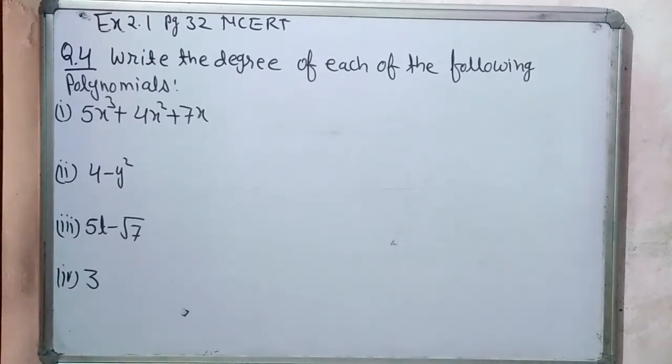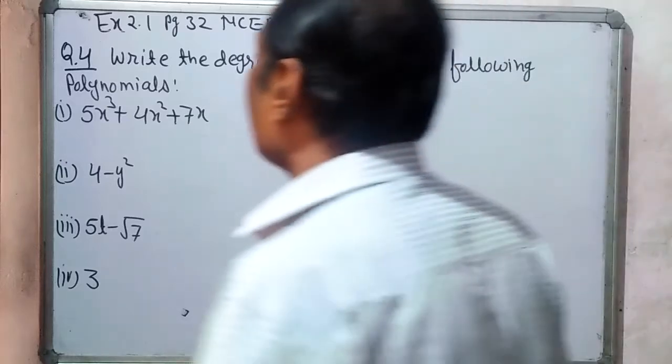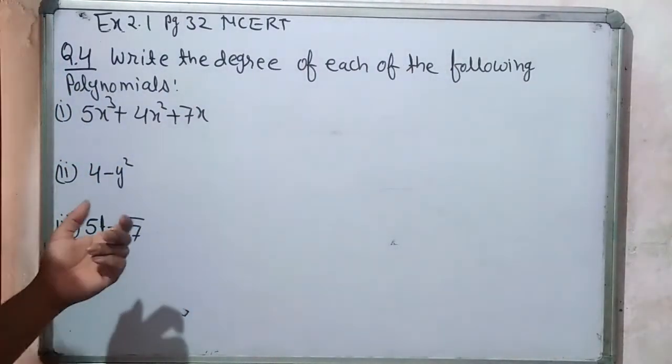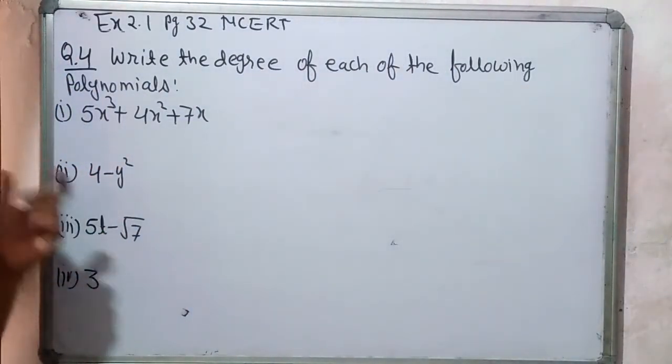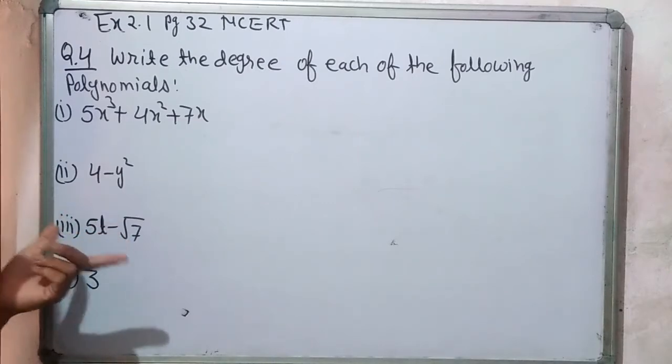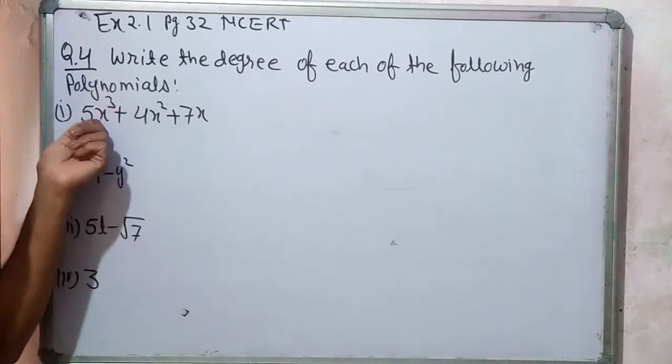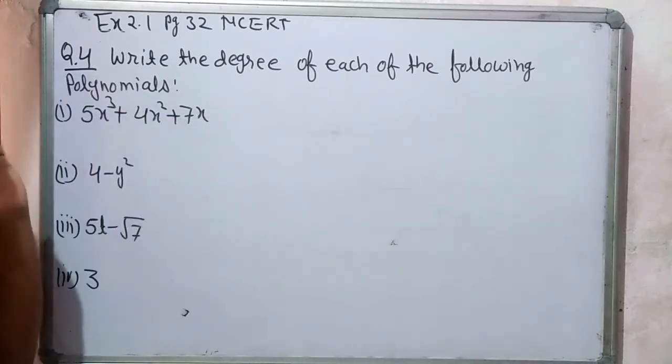Next, students, question number 4 is: write the degree of each of the following polynomials. In all these 4 parts, we are given a polynomial and we have to simply write the degree. How do we write the degree? We see all the terms. How many terms? 3 terms.